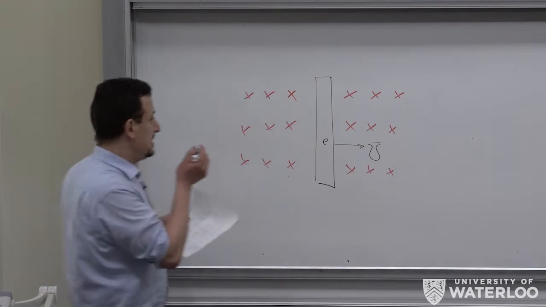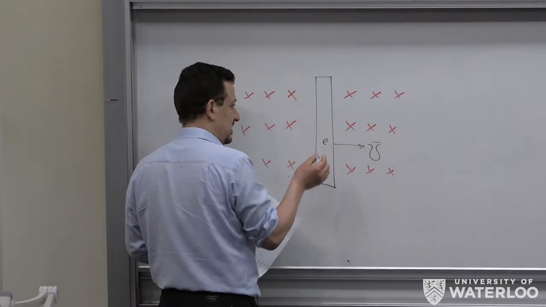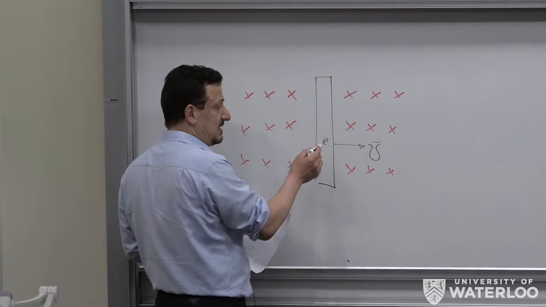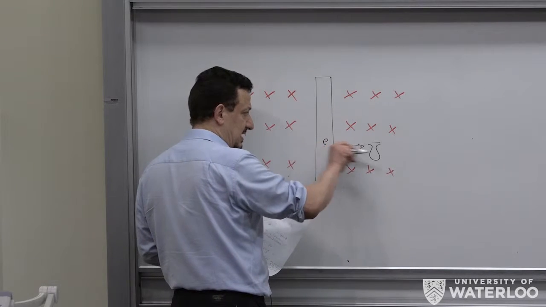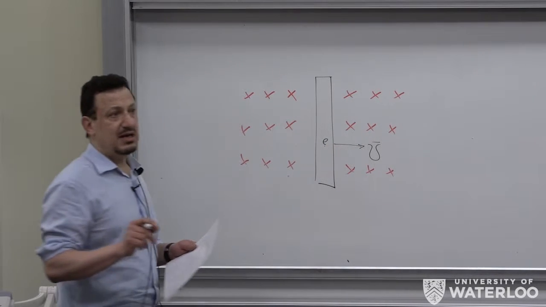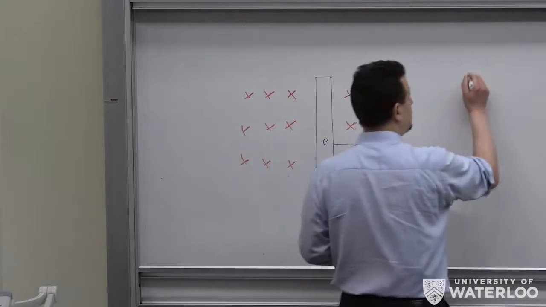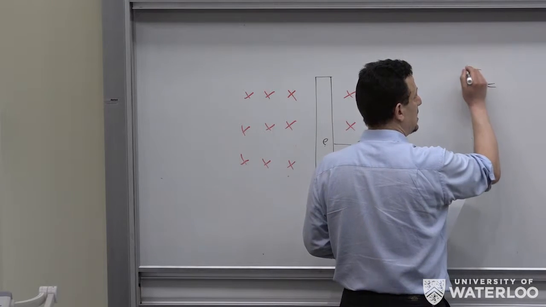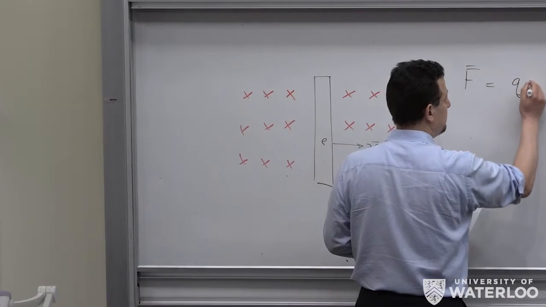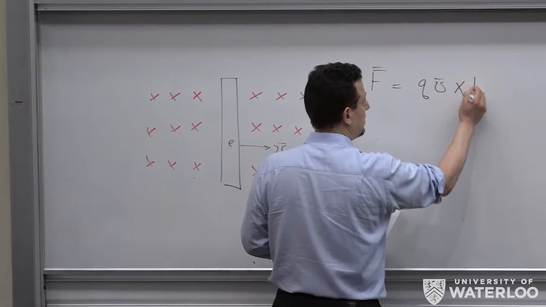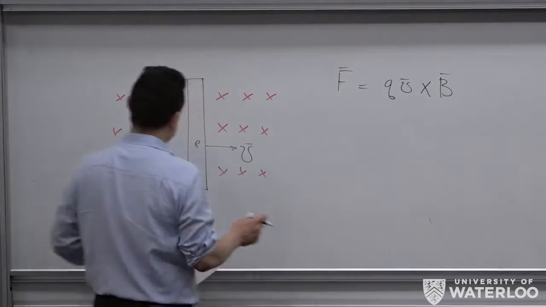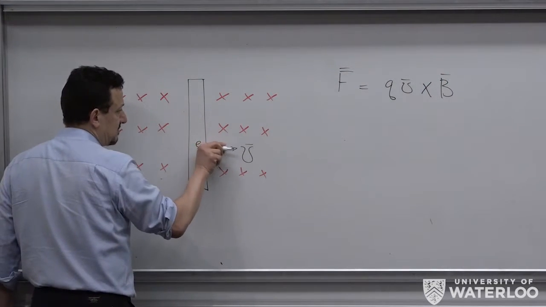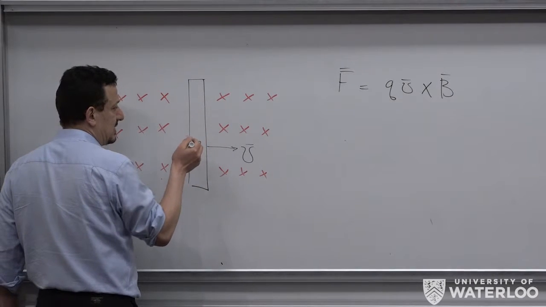Now, if B is going inside and this charge is moving in that direction, I have a force on that charge. The force is QV crossed with B. So QV is going in that direction. B is going in that direction.